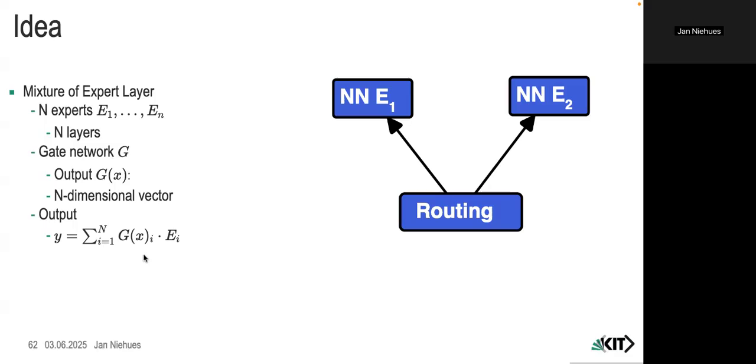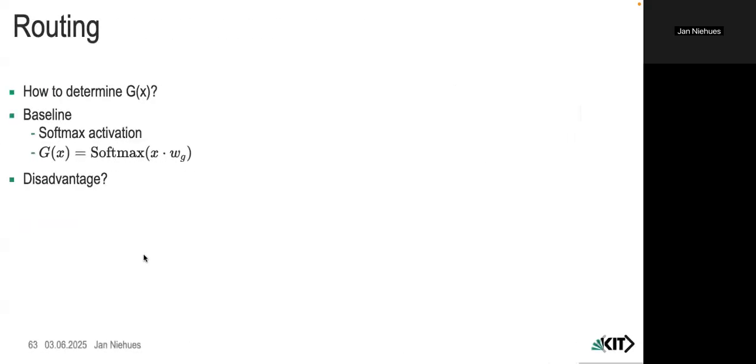So, okay, let's have a look at how to do G of X, so the routing. The baseline could be that you learn a softmax where we multiply our input X with some weight matrix, and we get a probability distribution, and then we multiply this probability distribution with the output.